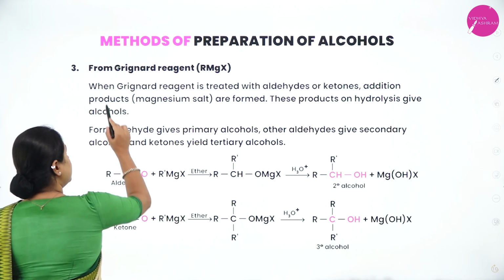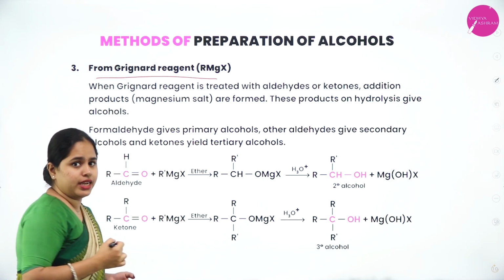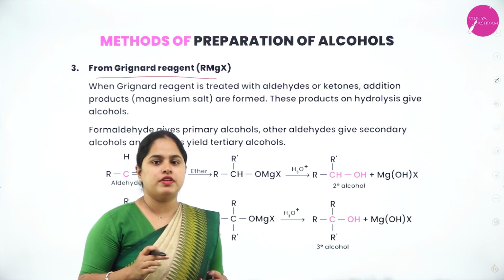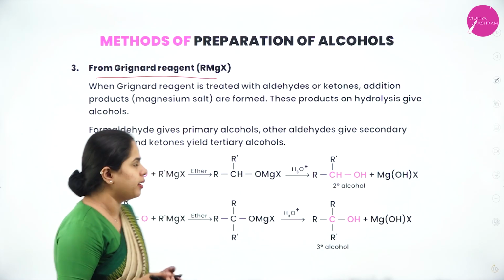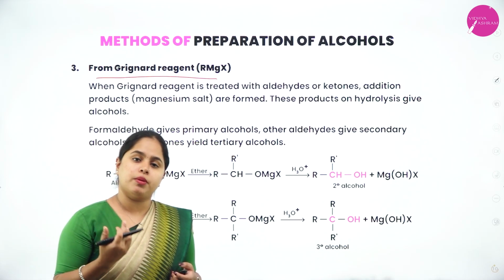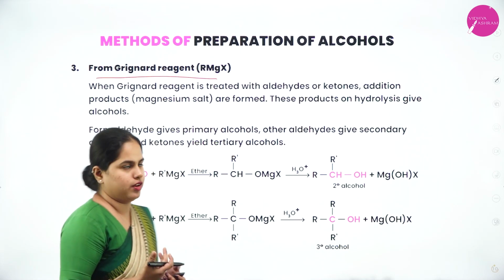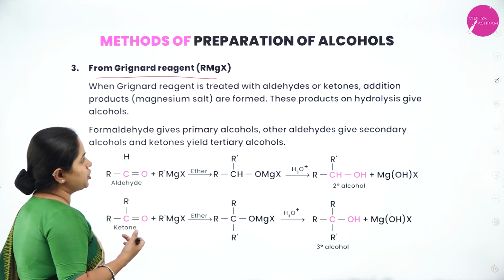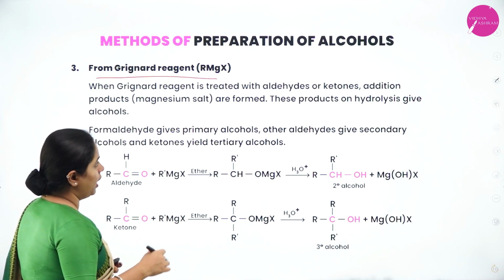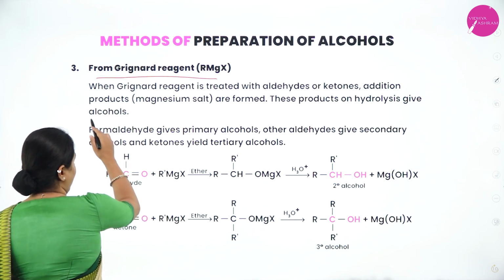Moving on to the third method, that is from Grignard reagent. We have already studied how to prepare a Grignard reagent while we were studying haloalkanes and haloarenes. At that time itself, I mentioned Grignard reagent is used for the preparation of other compounds as well. When Grignard reagent is treated with aldehydes or ketones, addition products are formed, and these products on hydrolysis give alcohol.